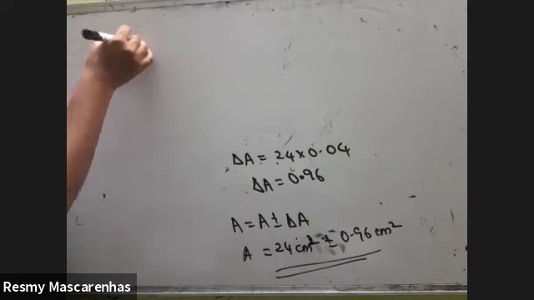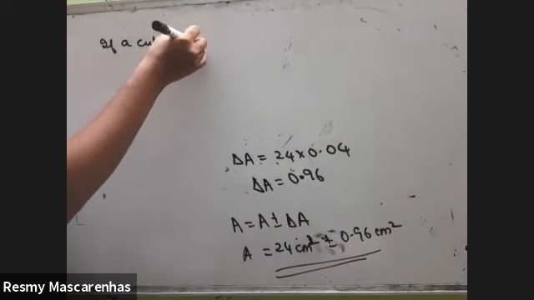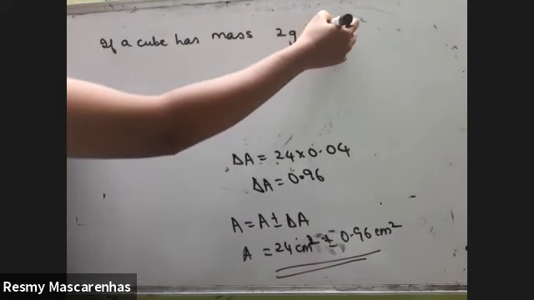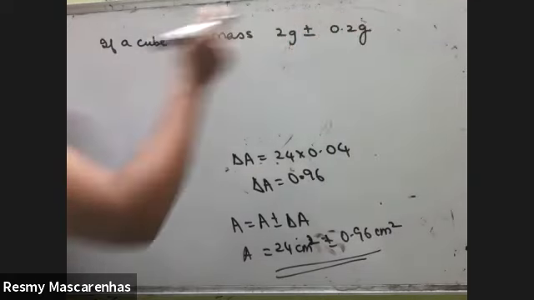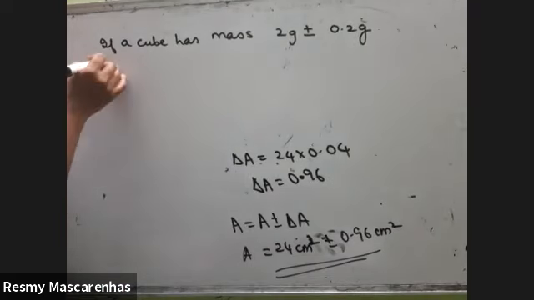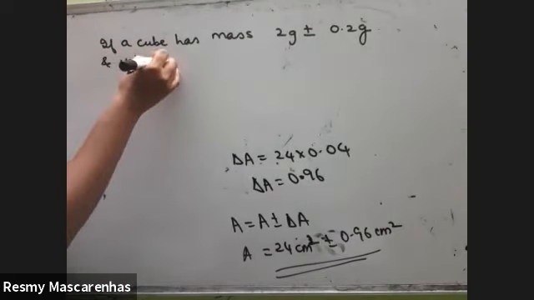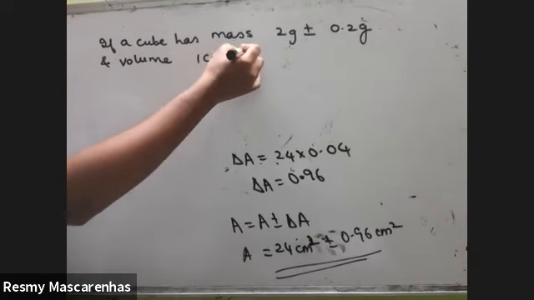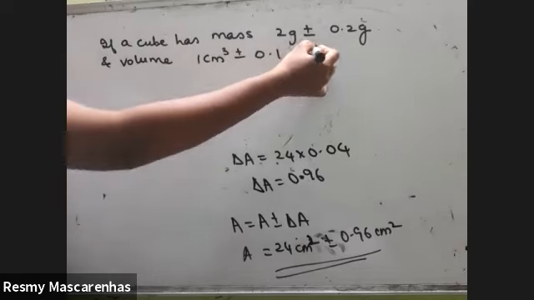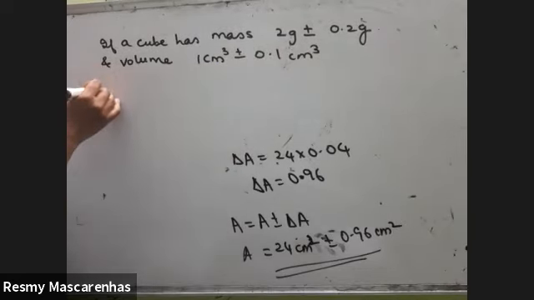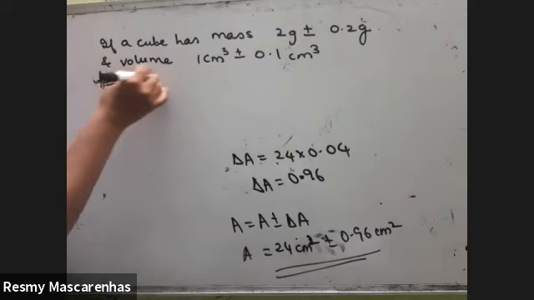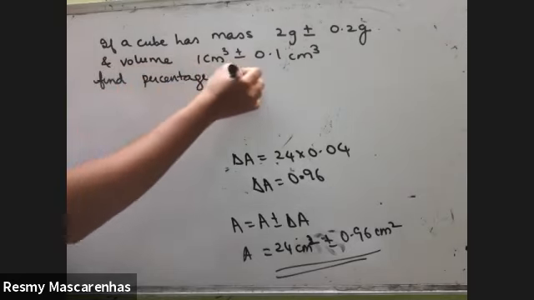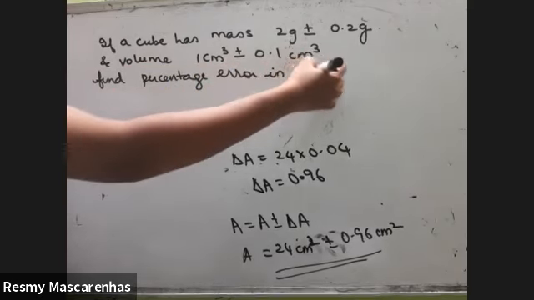If a cube has mass 2 grams plus or minus 0.2 gram and volume, find percentage error in density.